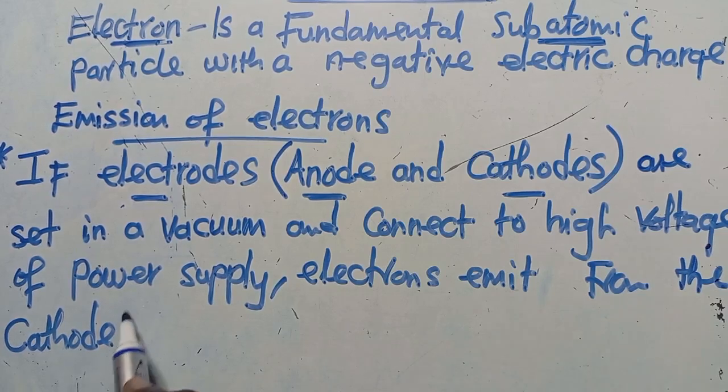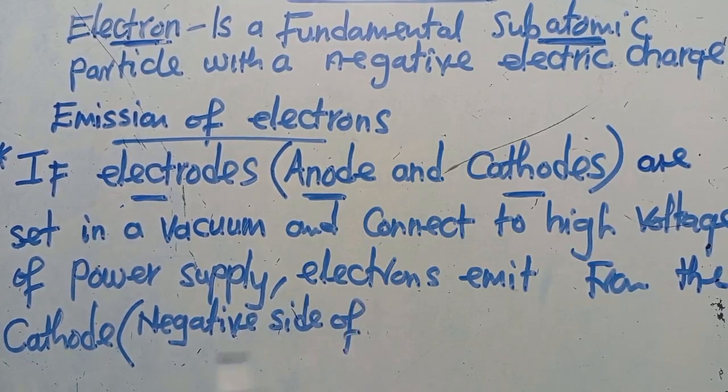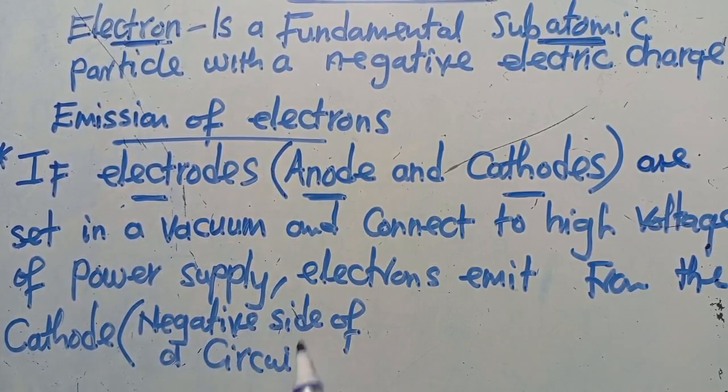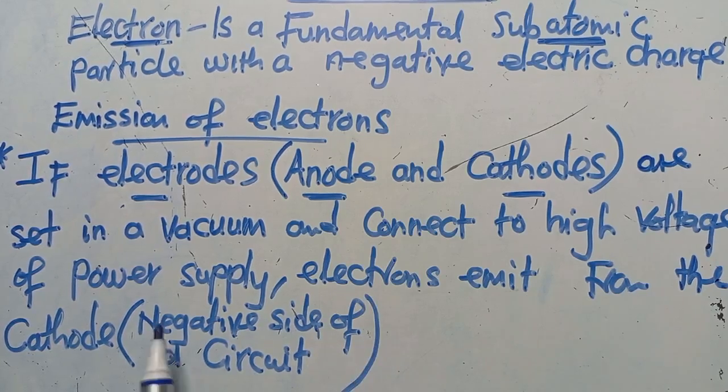This cathode that we are talking about is the negative side of a circuit. So when I say this is the cathode, you need to know that a cathode is the negative side of a circuit.